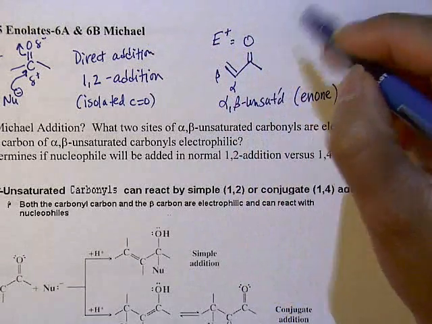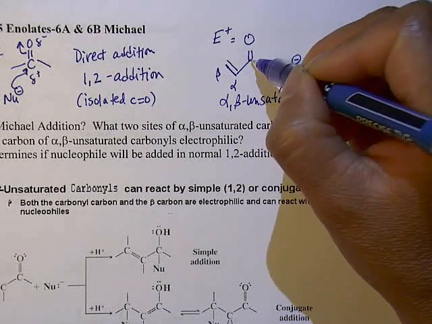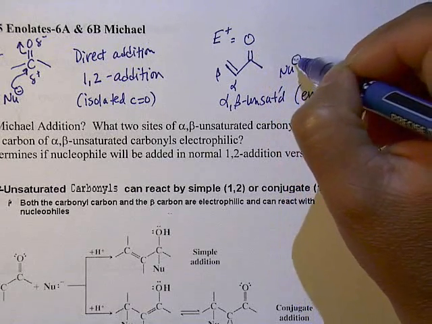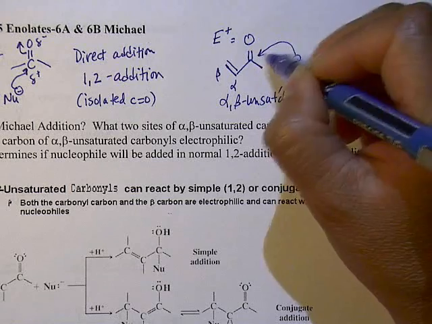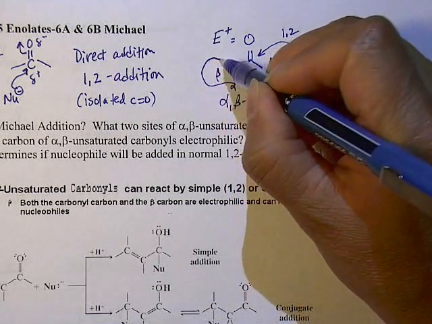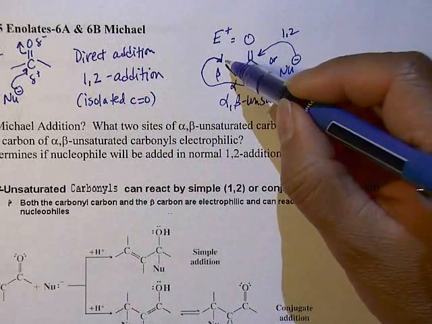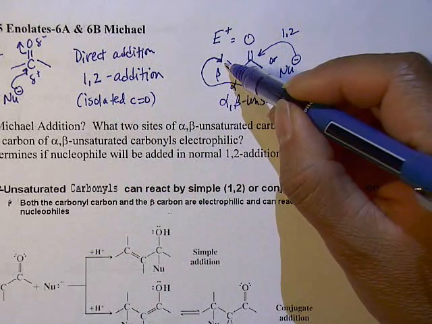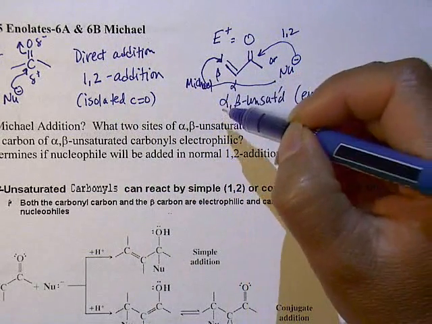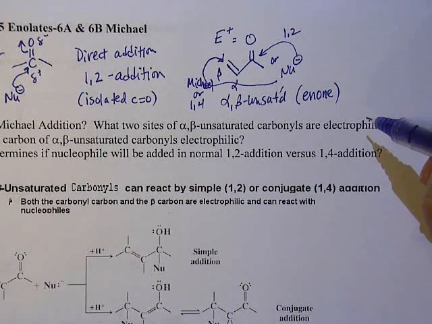The nucleophile could come in and attack in a direct addition at the carbon of the carbonyl, which would be 1,2 addition, or it could do what's called a Michael addition, which attacks at this beta carbon, and that's called Michael addition or 1,4 addition. Those are the terminologies that are used.